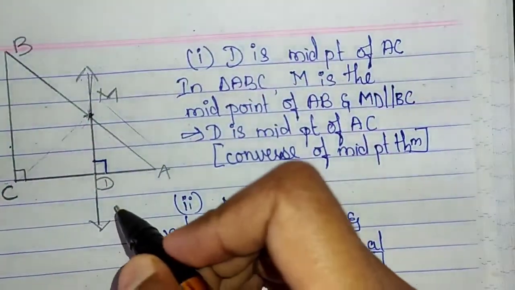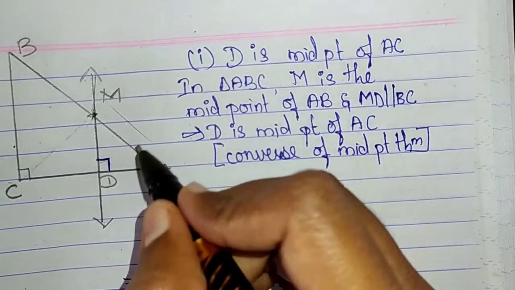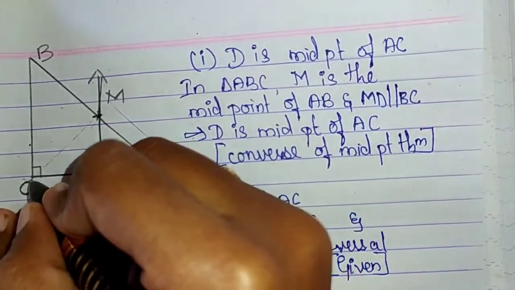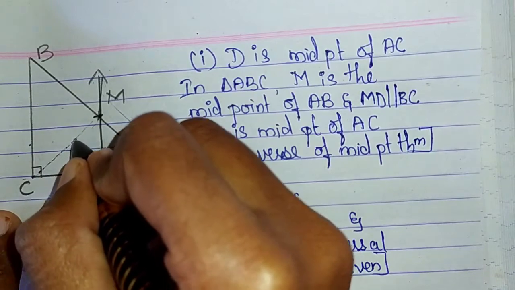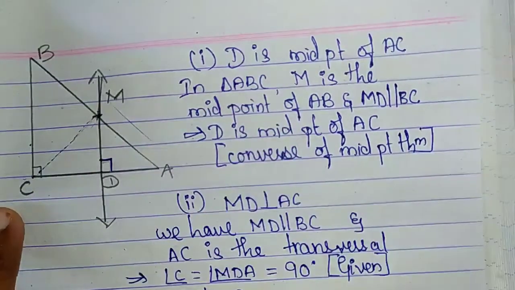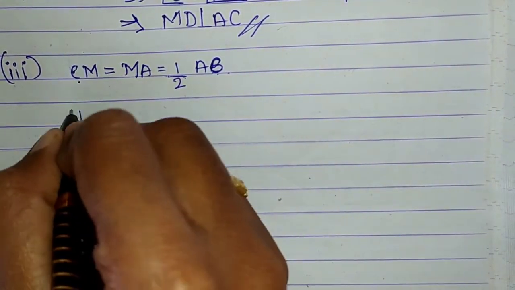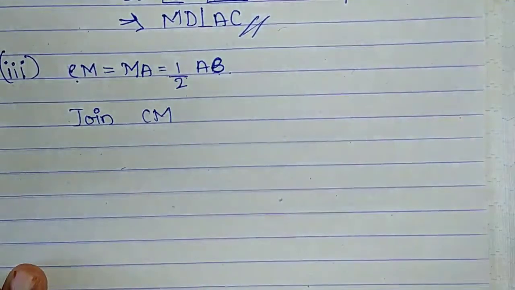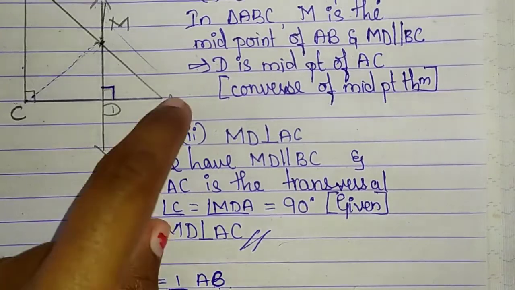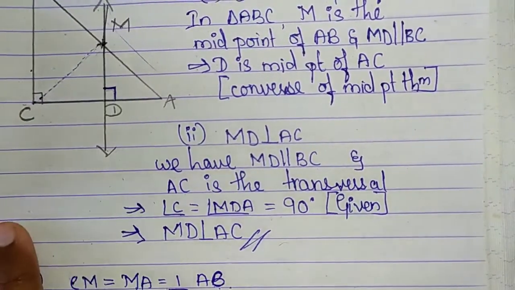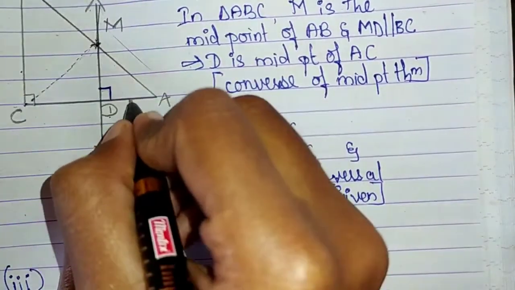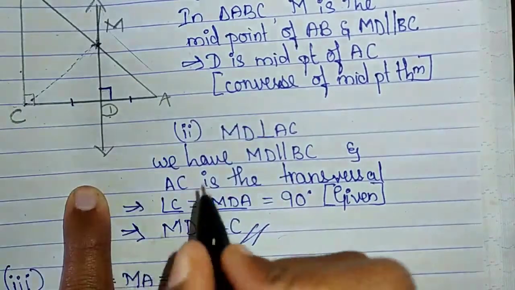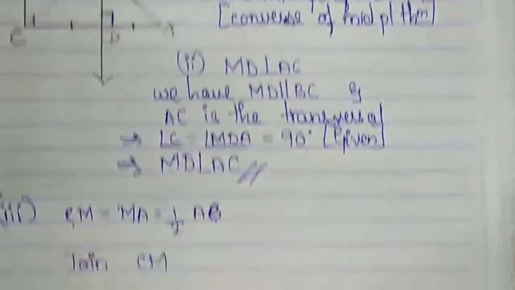So now to prove that CM is half of AB, join CM. So now we have two triangles here. Triangle AMD and triangle CMD. Also we know that since D is the midpoint, AD is equal to CD. We proved it in first sub question.